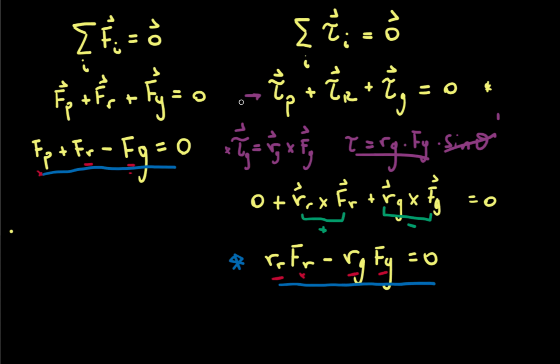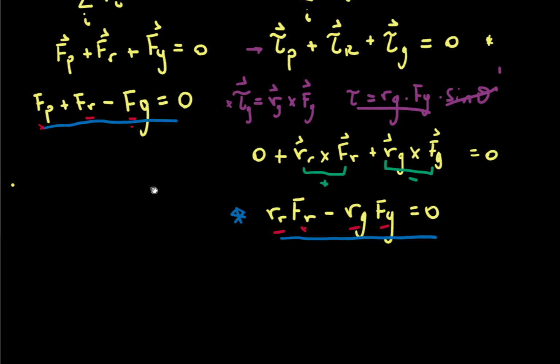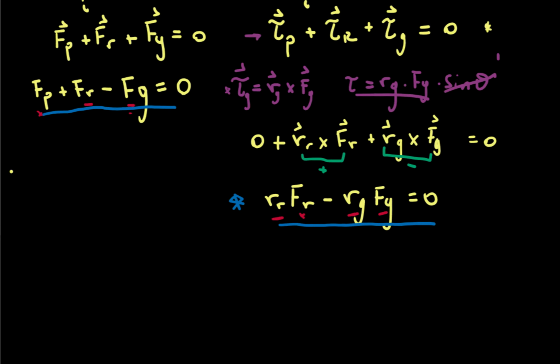Again, remember that R sub G was 0.9 and R sub R is 1.5. Okay, so let me go ahead and solve this for you.